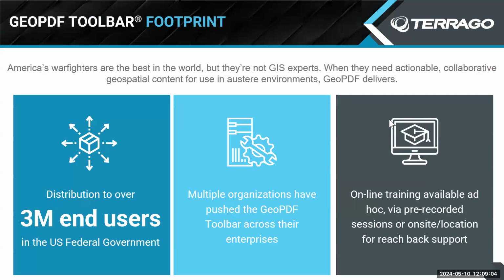Our toolbar footprint: I spoke about that plugin, the GeoPDF toolbar that plugs into the Adobe Reader or Adobe Acrobat platform. That toolbar has been distributed to over 3 million end users.